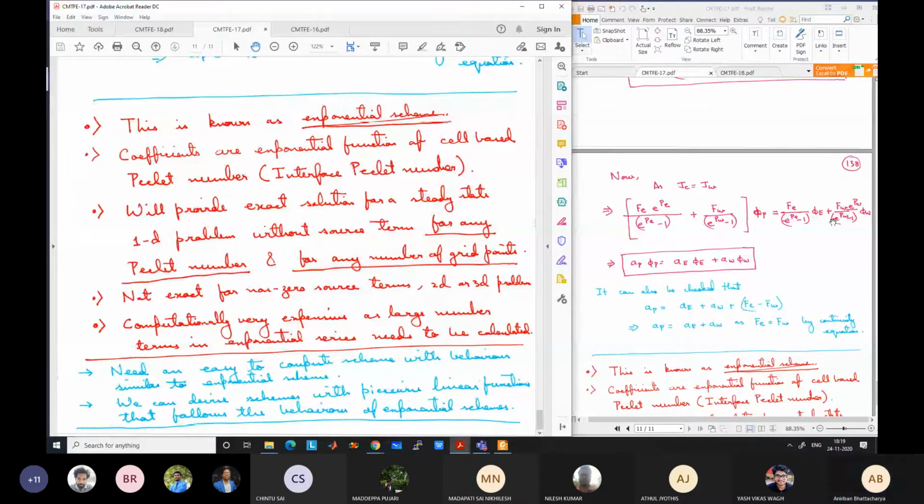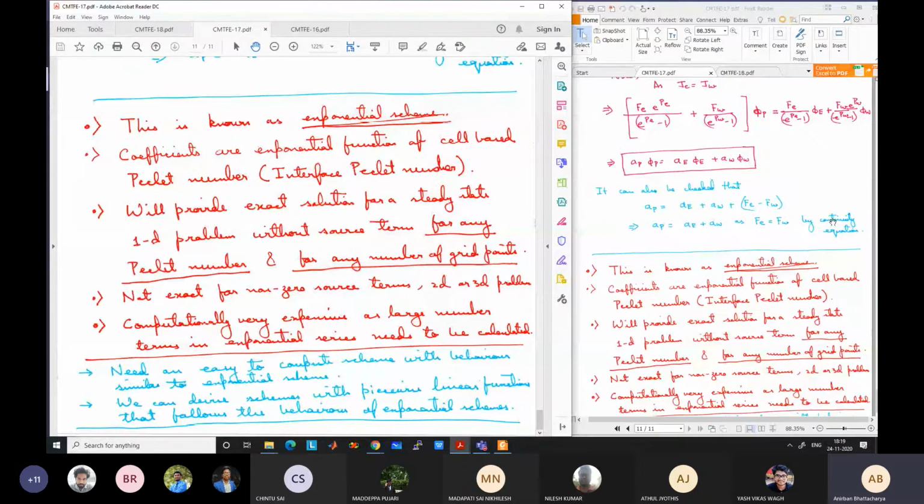Calculating exponential terms is expensive in numerical problems compared to polynomials or normal addition, because you have to do a large number of multiplications and divisions. So that was the main drawback. Otherwise, this scheme would have been good.